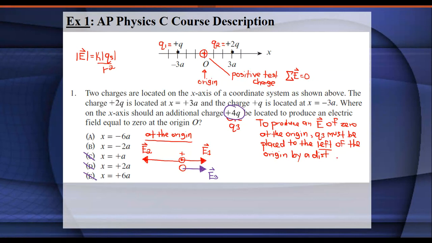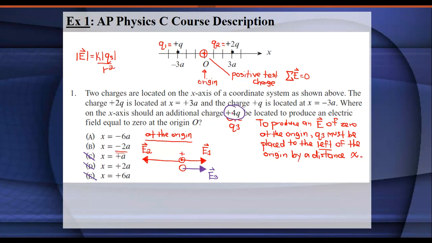According to the multiple choice question, it's either going to be negative 6a or negative 2a. Now, we've got to figure out which one it is. Is it going to be negative 6a or negative 2a? Again, we can figure this out logically. Think about this for a second.